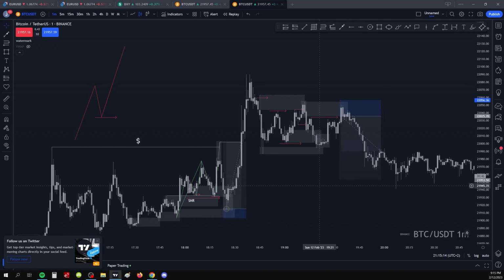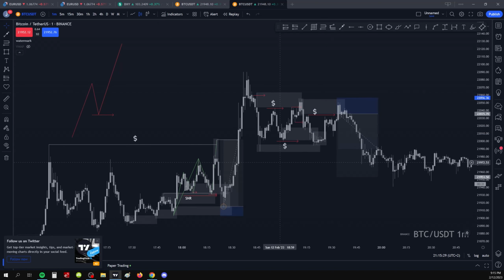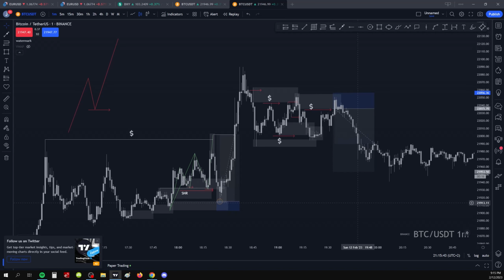But no, think of every high as just liquidity. It's nothing more than just money. This is money. This is money. When you start looking at the market from this perspective, that this is all just money and reversing, money and reversing, money and reversing, you start to realize there is no break of structure, because there is really no structure.